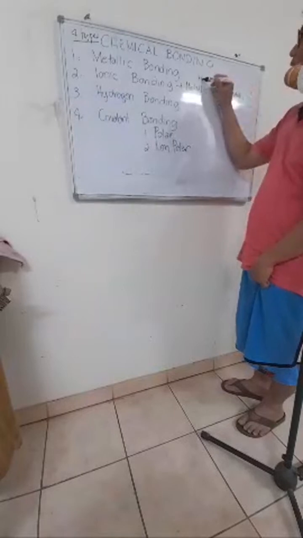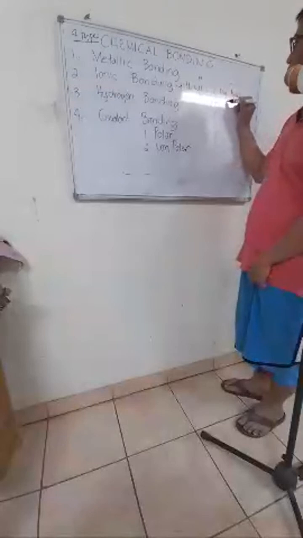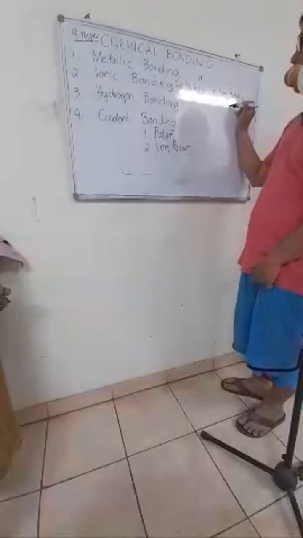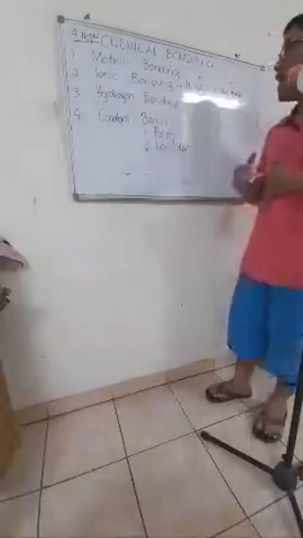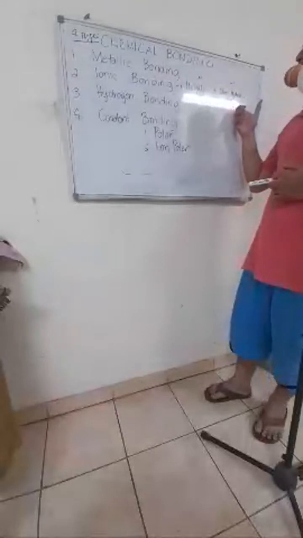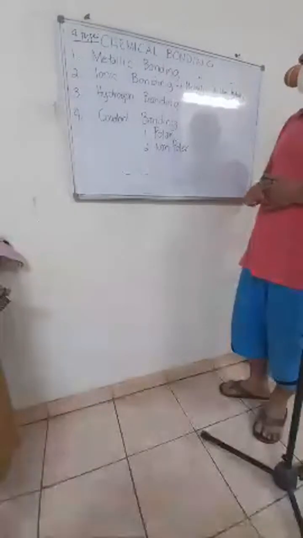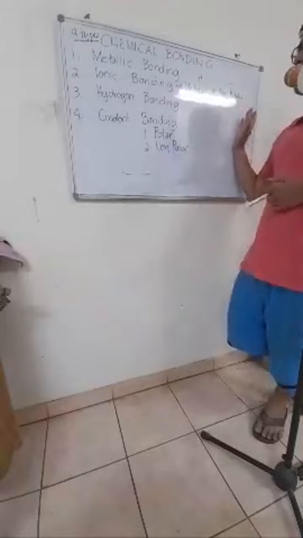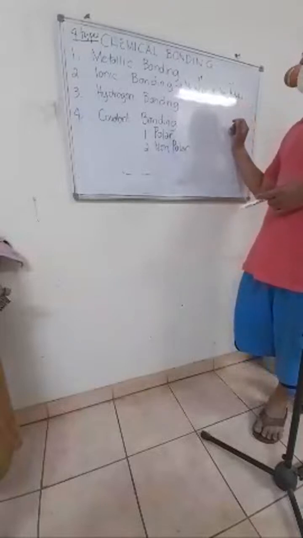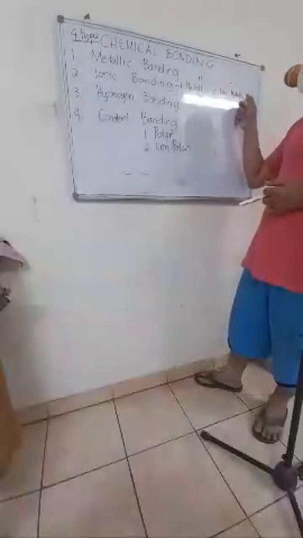For example, sodium positive and chloride negative, so sodium chloride. This is ionic bonding, and there's a lot. Now if you say iron chloride, what's this? It's still ionic bonding, right? As long as it's metallic plus non-metallic.